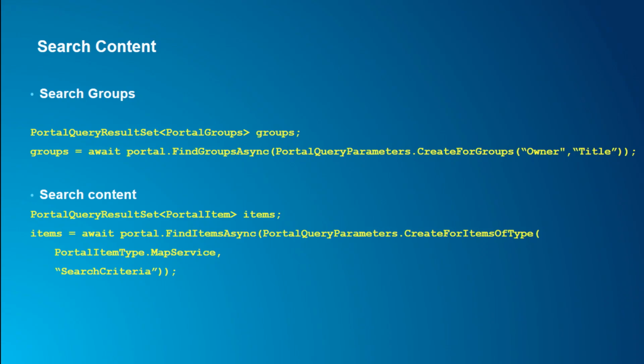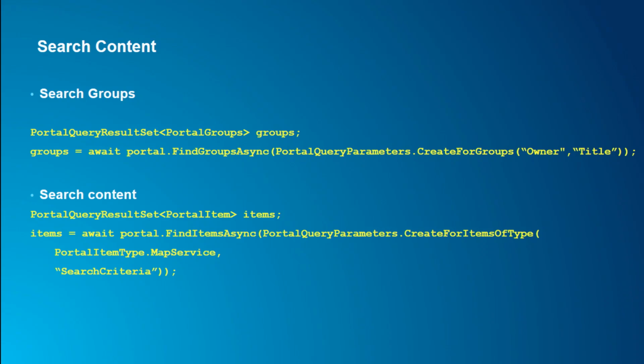They allow us to get content which may be in our group or maybe outside of the group we're part of or not belong to us. So we've got a couple of examples here where we can search for specific content and where we can search for specific groups. So the first example at the top here, we have the find groups async method, which is part of the portal. And it allows us to search for groups.